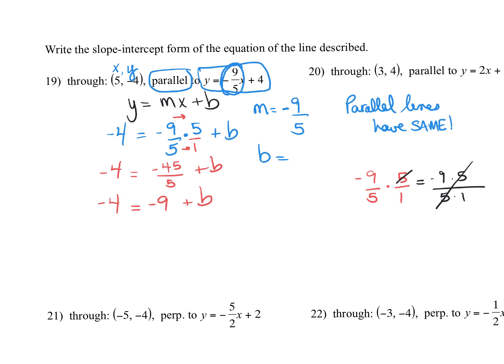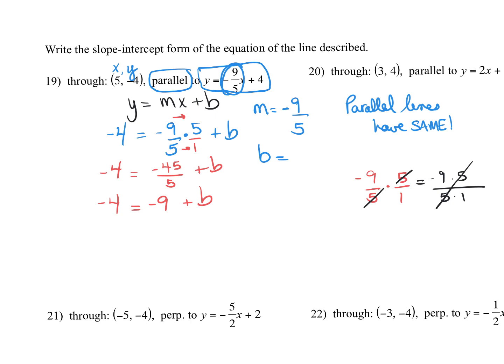So I could have canceled out these 5s, leaving me with just -9 over 1, which is -9. If you recognize that, that's great, and that's one less step you have to do when multiplying. That's just a little side note.